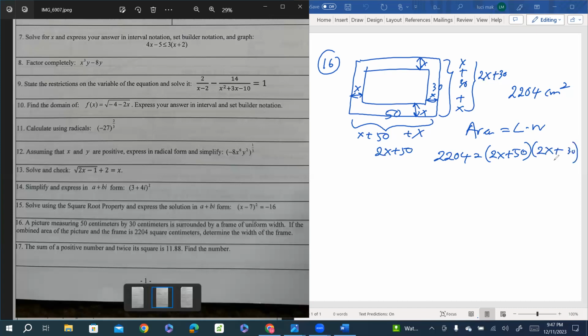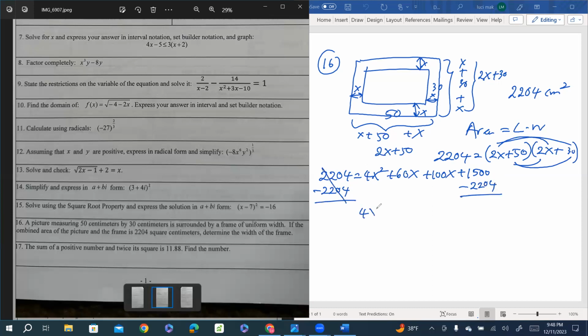Now we have to solve this. 2204 equals, FOIL this. 2x times 2x is 4x squared. 2x times 30 is 60x. 50 times 2x is 100x. 50 times 30 is 5 times 3 is 15, two zeros. Now let's subtract 2204 on both sides to bring everything to one side because it's a quadratic equation.